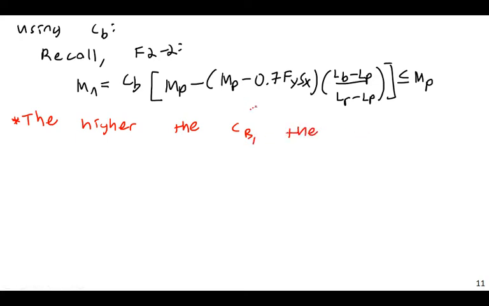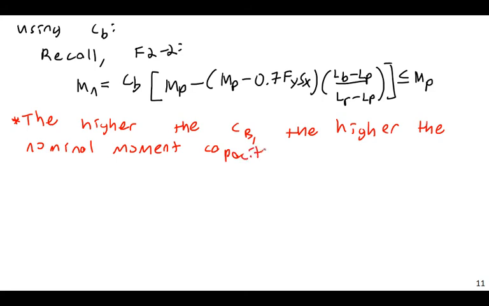So in other words, this is a case where the more concentrated the moment is, the better. The higher the nominal moment capacity, although we can never exceed the actual plastic bending moment capacity, MP.